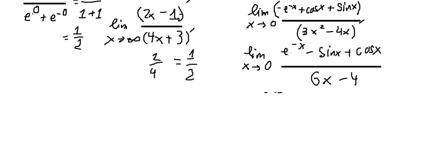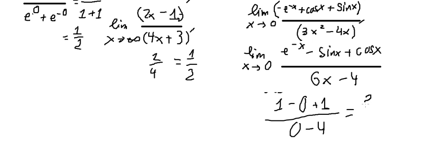So e to the power of 0 gives 1. Sine of 0 gives 0. Cosine of 0 gives positive 1. If we put 0 here, you get 0, and you get negative 4. So we get 2 divided by negative 4, and you get negative 1 over 2.